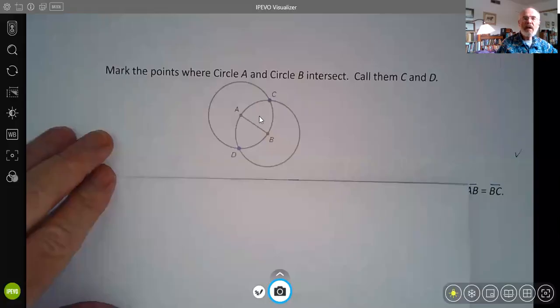So here are circles A and B, and they want us to draw points where the two circles intersect. Well, they cross each other at this point up here and at this point down here. And so we call those C and D, okay? I can't put C and D here, but I can at least put the point in when I go to Desmos.